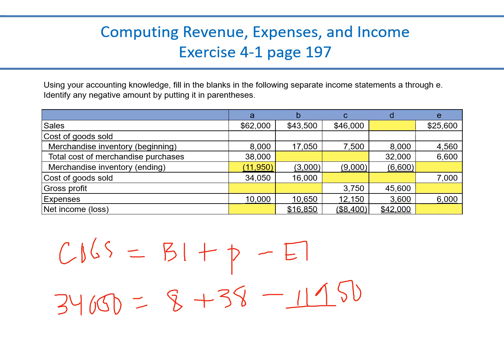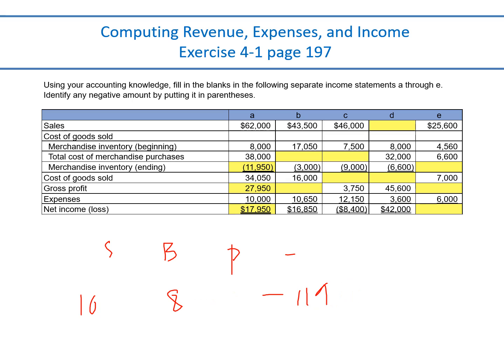Okay. And then we know that sales less cost of goods sold equals gross profit. So we have 62,000 less 34,050 equals gross profit of 27,950 less 10,000 of expense is 17,950 net income.